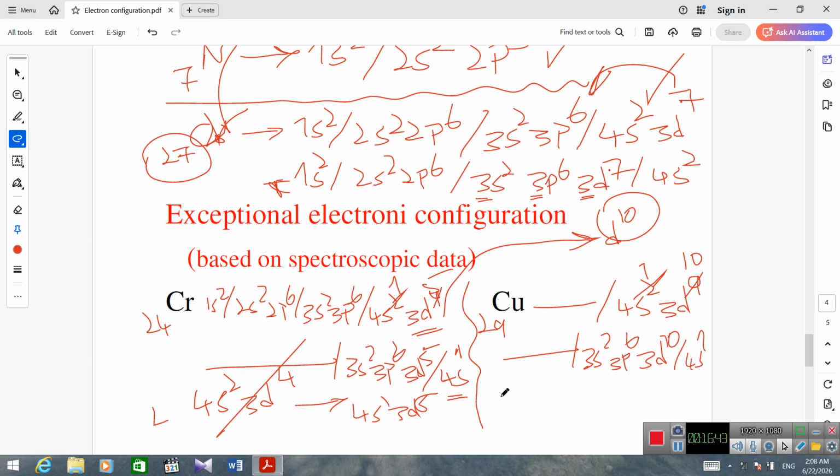In other words, we don't have 4s2, 3d9, and we must change to 4s1, 3d10.